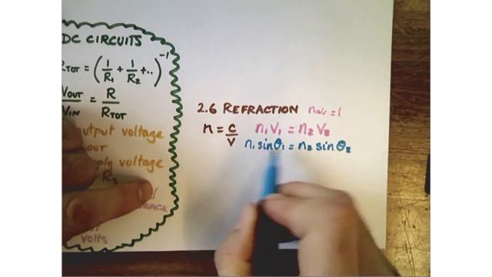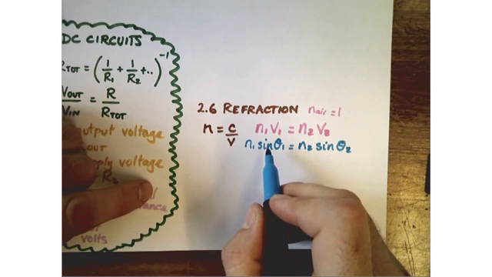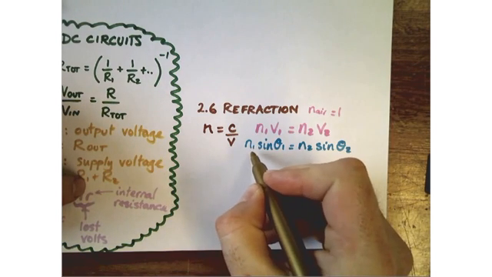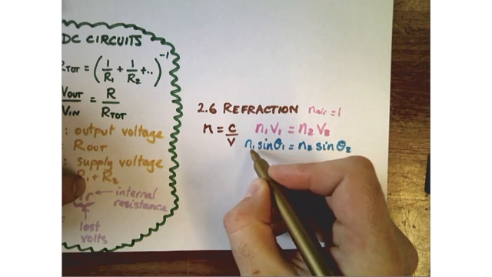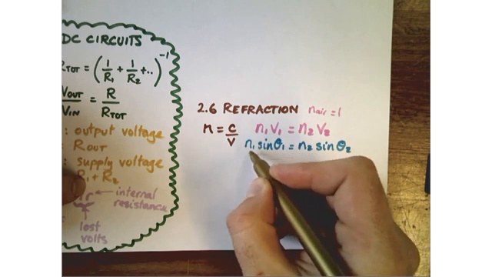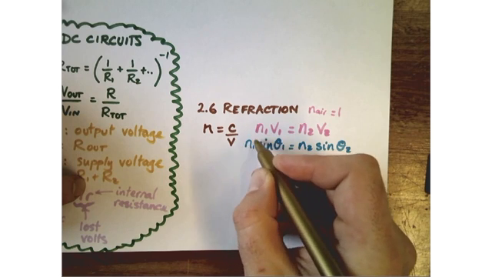For this equation, if we're talking about the critical angle where the wave is moving from a more dense to a less dense medium, then N1 is going to be the refractive index of the core or the thing that it's moving from.